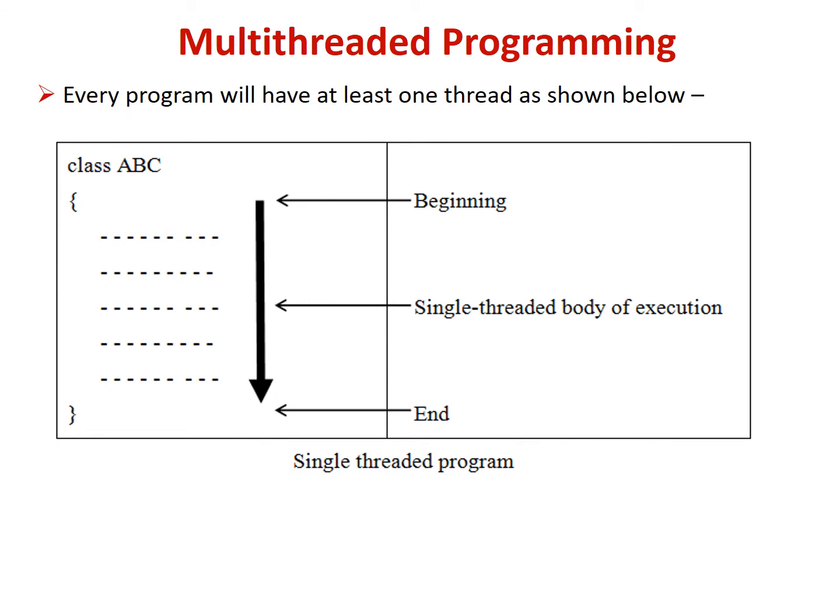A thread is similar to a program that has a single flow of control. It has a beginning, a body, and an end, and executes commands sequentially. Every program will have at least one thread as shown in this figure.